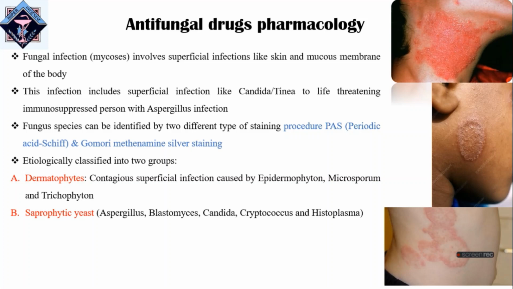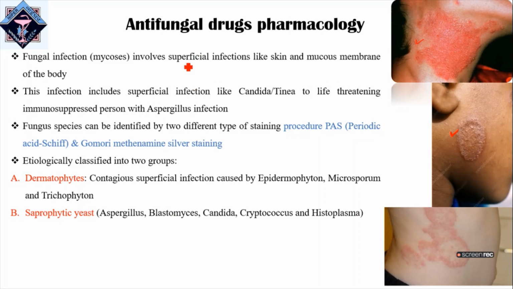So as you can see, I have kept some fungal infection images on the slide. आप सब लोग देखे होंगे कि ये सब जो फंगल इन्फेक्शन हमें हर किसी ना किसी को अपने लाइफ में ये इन्फेक्शन हुआ ही होगा. You can see such type of infection in your neck, in your cheeks, in your bellies.